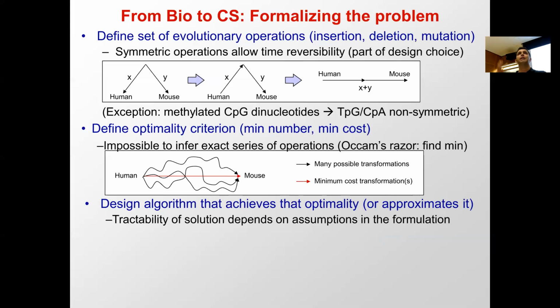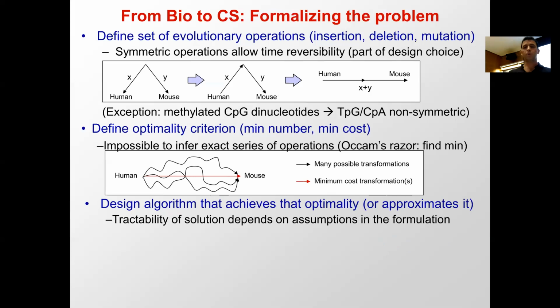You're going to basically take some biological problem, you're going to formulate it computationally, and you're going to have to make a series of assumptions. Some assumptions are going to make the problem closer to biology. Some assumptions are going to make the problem more tractable. And the two are typically going to be in opposite directions. Sometimes they're aligned. Sometimes better modeling the biology, in fact, leads to more tractable solutions.